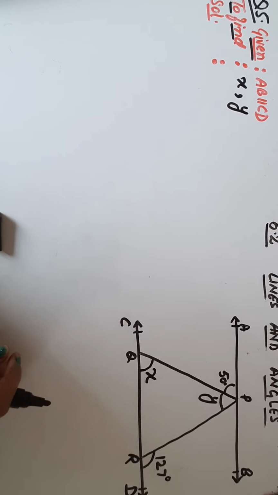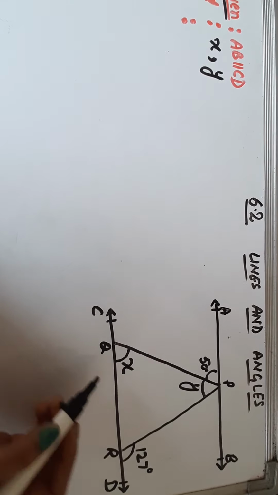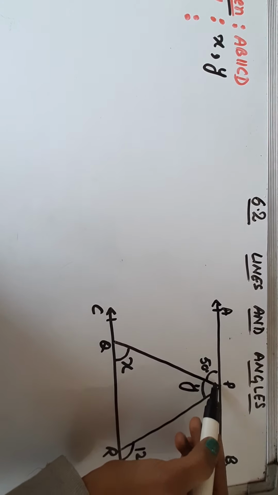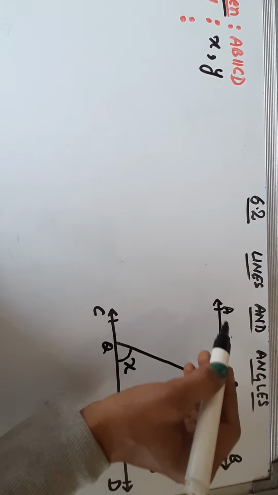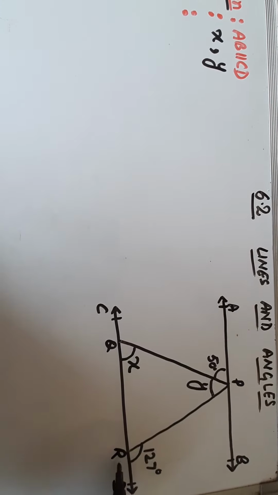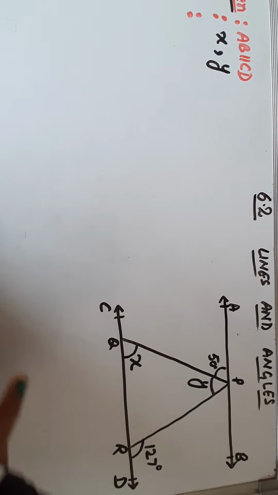Now because AB and CD are the two lines and it is given to us they are parallel to each other, the line PQ is a transversal to this line, and line PR is also a transversal because these two lines are intersecting the two parallel lines.